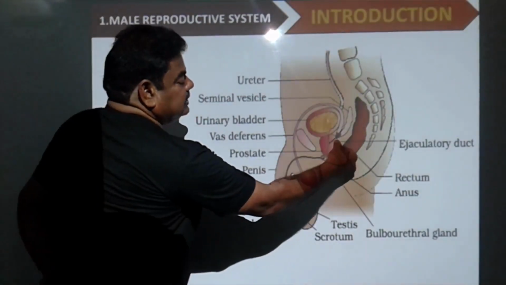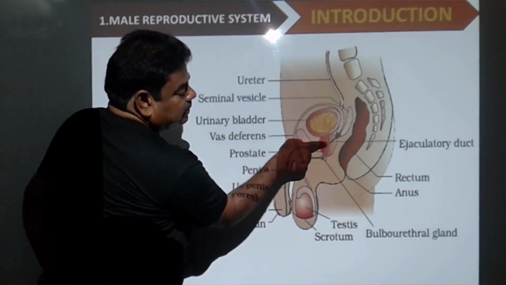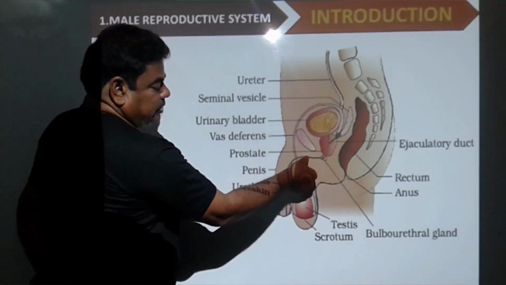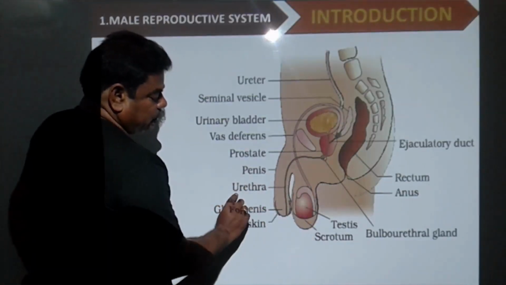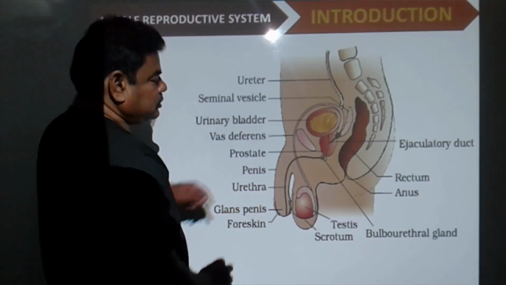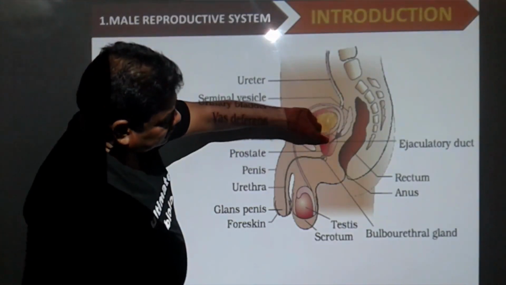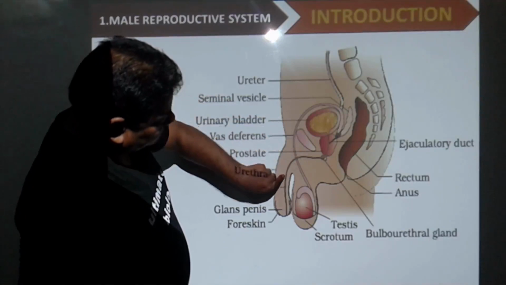This ejaculatory duct opens here into this tube-like structure, known as the urethra. Urine from the urinary bladder passes out of the body through this duct.